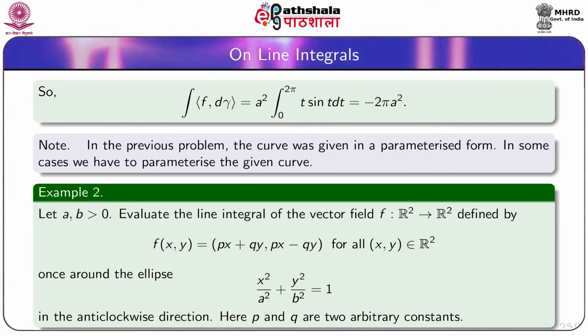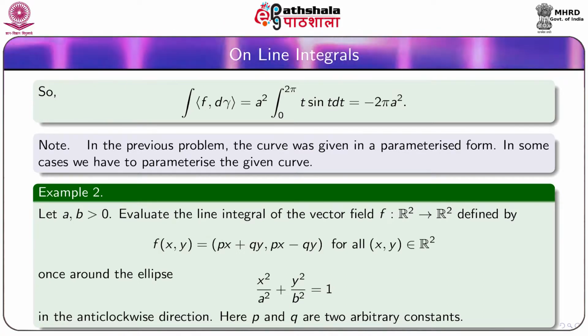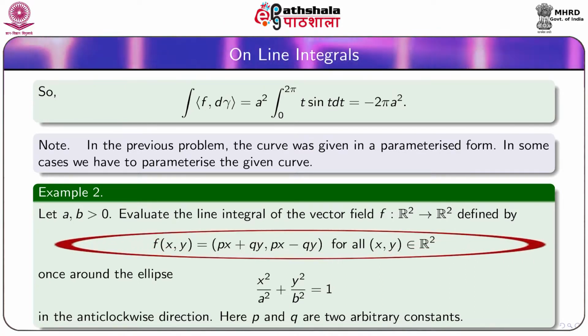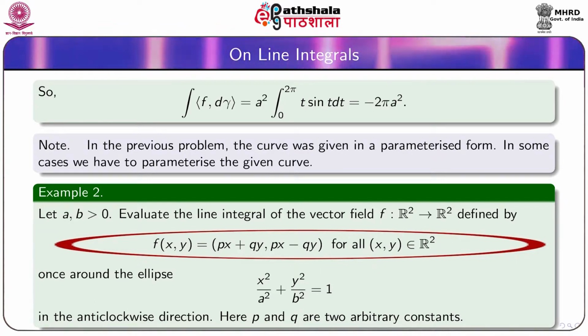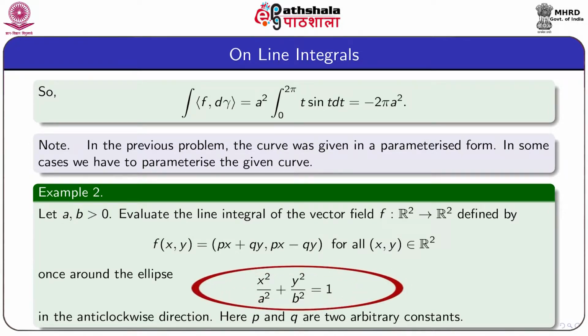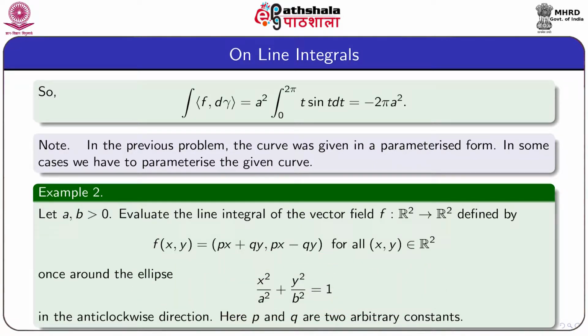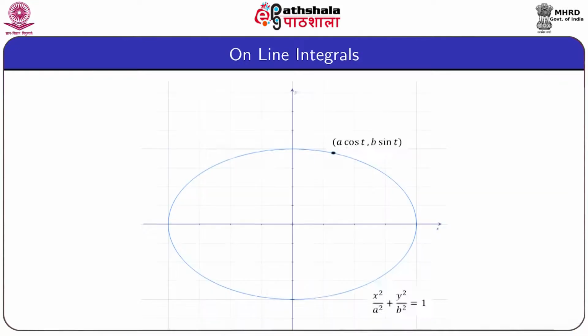We have to evaluate the line integral for the vector field f from R2 to R2 defined by f(x, y) equals (px plus qy, px minus qy) for every (x, y) in R2, and the curve is the ellipse x square by a square plus y square by b square equals to 1 rounded once in the anticlockwise direction. Here p and q are two arbitrary constants. So, we have shown here the curve.